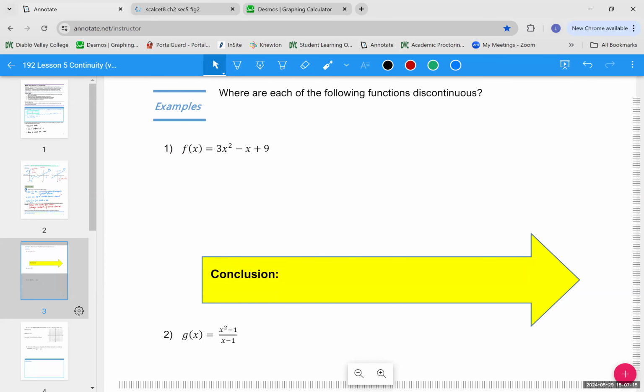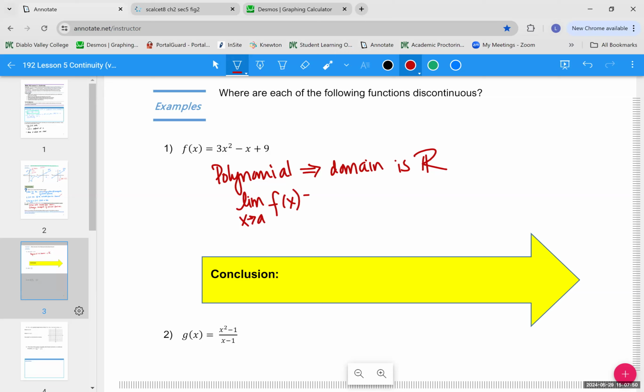Where are the following functions discontinuous? Okay. So remember what we were just talking about. Essentially, we've got to start by looking at domain. And then if it's a piecewise function, we need to go further than that. So this is not a piecewise function, number one, and it's a polynomial. So what do we know about its domain? Its domain is all real numbers. And so this means that the limit as x approaches a of f of x is going to equal f of a for all x values.